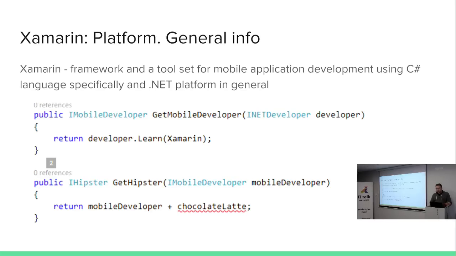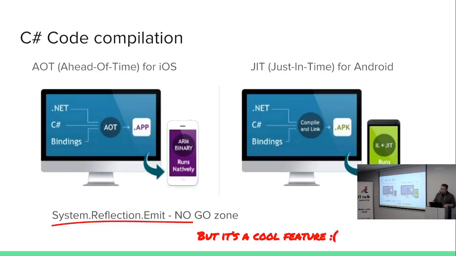That's totally true. I can tell you that based on my experience, because I started to code for Xamarin when I was already an architect, which means I spent half of my time coding. So basically, if you add mobile developer to that, you will become a hipster. That's a joke I'm trying to tell you.